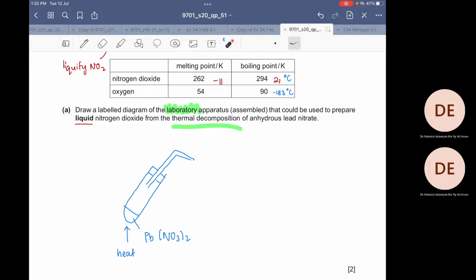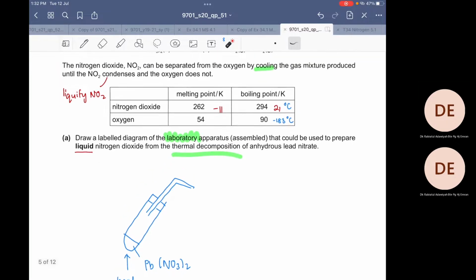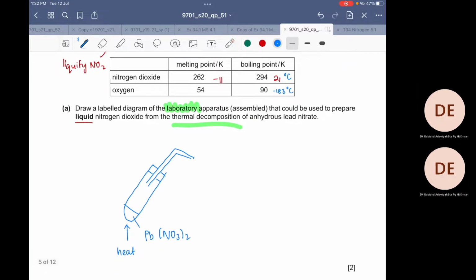The next part is to liquefy your nitrogen dioxide. So usually when we want to condense something, I would use a Liebig condenser, but with a special modification. Looks like a hot dog.